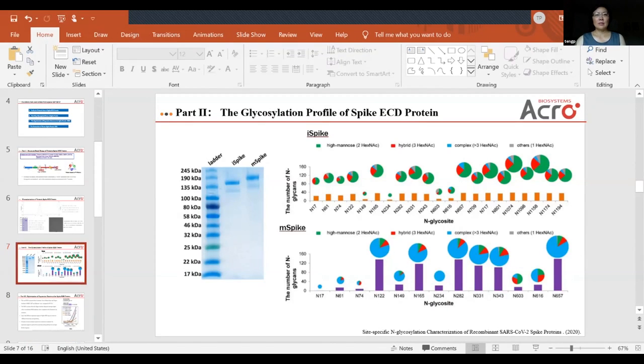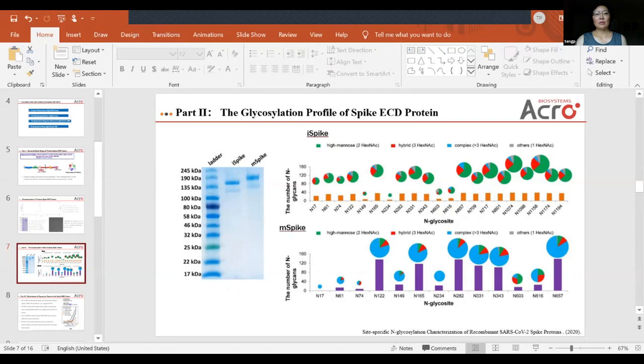And the second part, we're going to talk a little bit about the glycosylation profiling. These slides are actually from published data. This literature compares the spike protein expressed in insect cells and also the spike protein expressed in HEK293 cells.